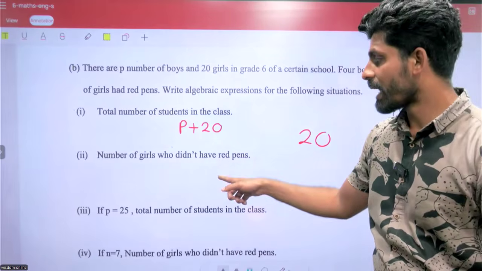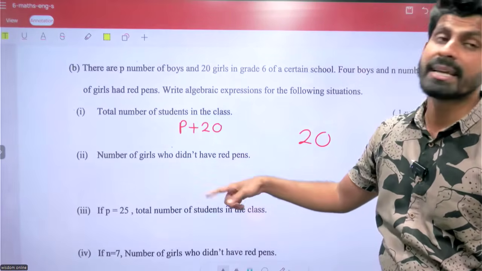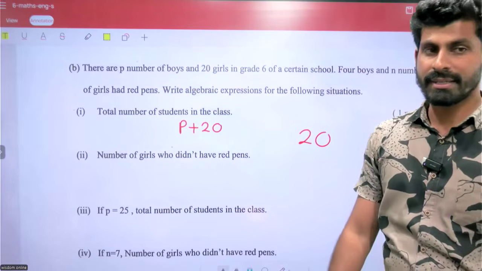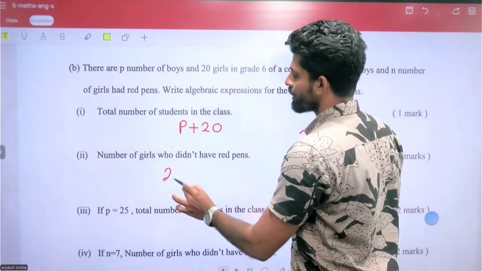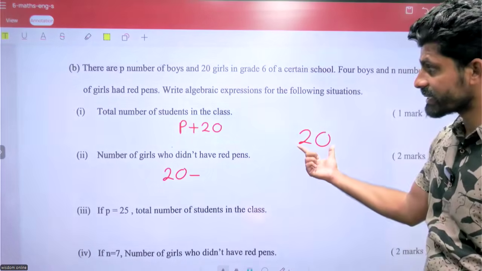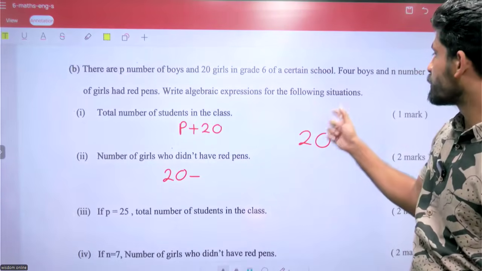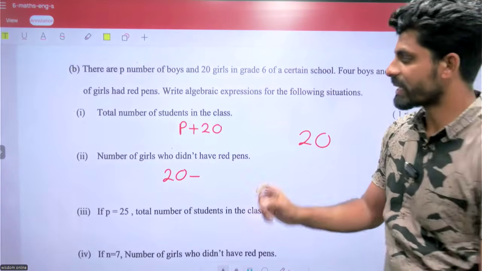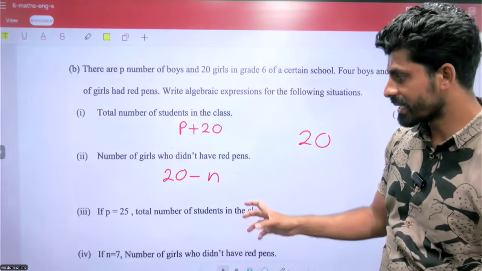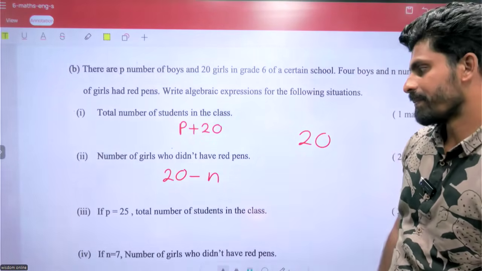But they are asking for the count who did not have red pens. So the number of girls who didn't have red pens is 20 minus n.